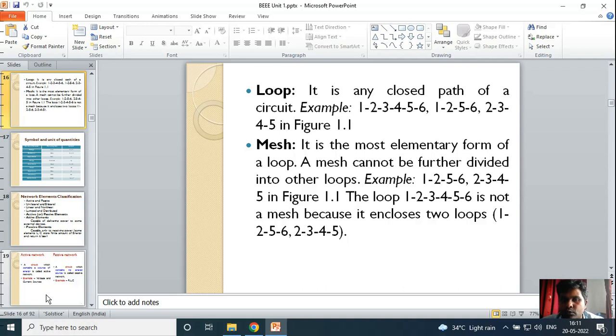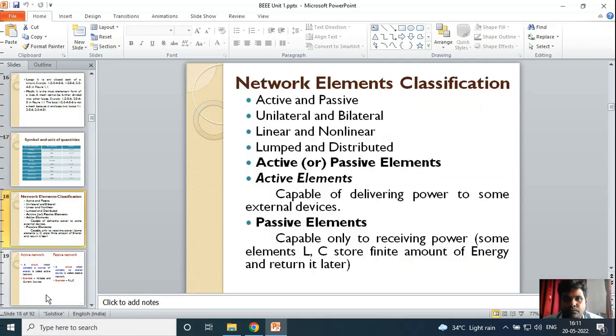Network elements classifications. Based upon the network elements, we have different classifications. One is active and passive classification. Next one is unilateral or bilateral classification. Third one is linear and non-linear classification. Fourth one is lumped and distributed classification.